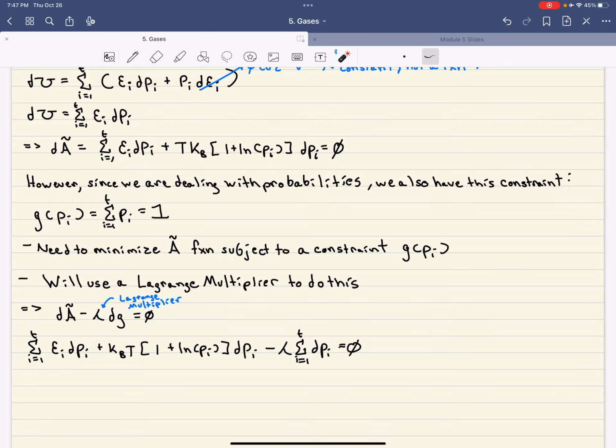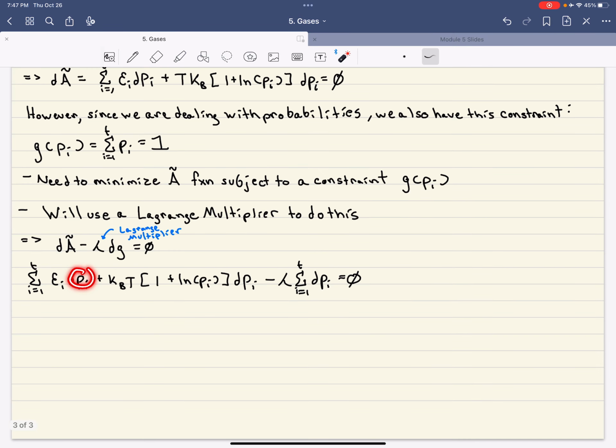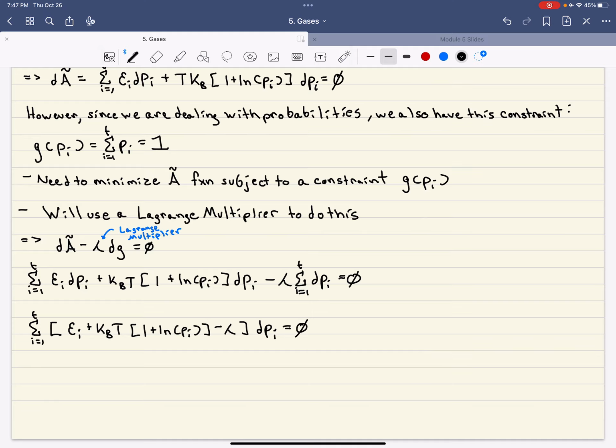Now, all of the terms in our Lagrange multiplier have the derivative of the probability, so we could factor that out and write all of this in brackets: epsilon i plus kBT times 1 plus natural log of pi, minus lambda, dpi equals 0.